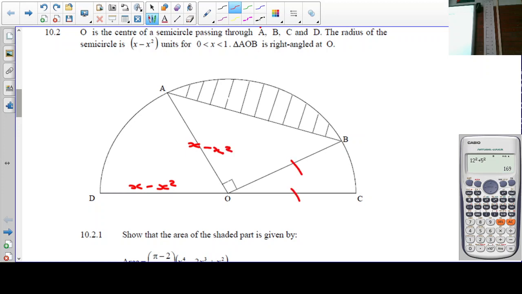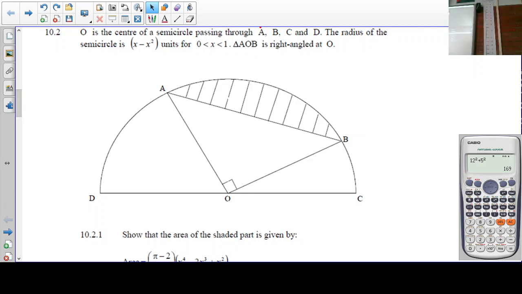It's all the same units. So the radius is x minus x squared. We are told that x is greater than 0 but less than 1, so when we solve for x, it must be a value between those values.